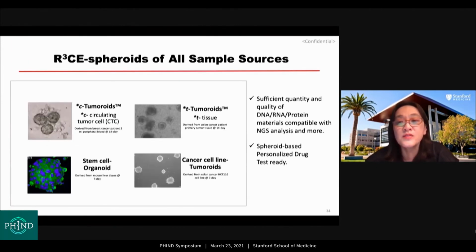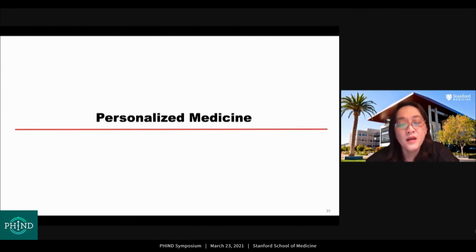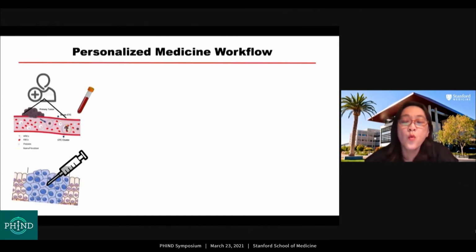Okay, just to summarize what we have done so far, we already demonstrated that circulating tumor cells, tissue, stem cells, or cancer cell lines can all form RCE 3D cultures. Okay, so how can these then connect to personalized medicine? I'd like to show you what we envision.